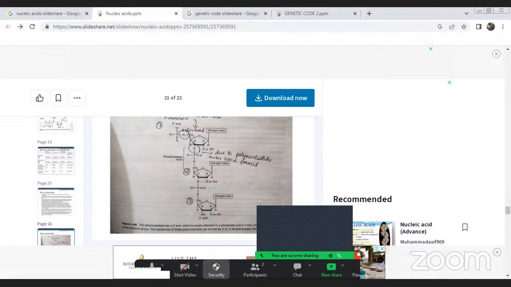A equal to T and G equal to C. These are the basic principles of the composition of adenine and guanine.